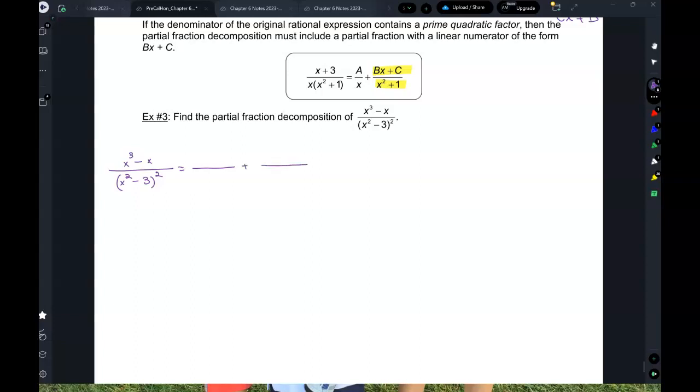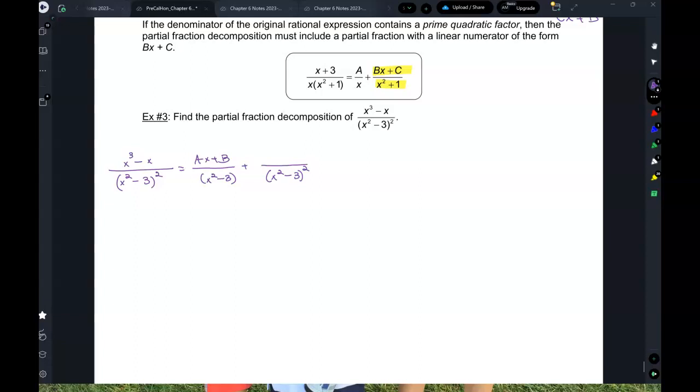First, it's going to be the parenthesis to the power of 1. Then it's going to be the parenthesis to the power of 2. And if this was x squared minus 3 to the power of 3, I would have had another one to the power of 3. Okay, so now here, this is quadratic, so it gets a linear term, ax plus b.